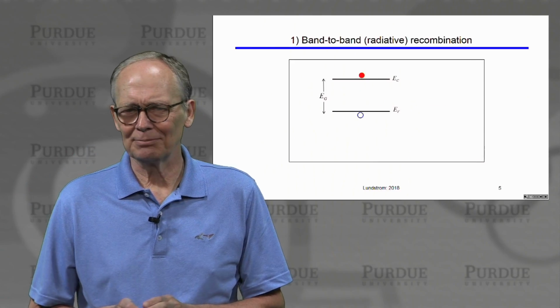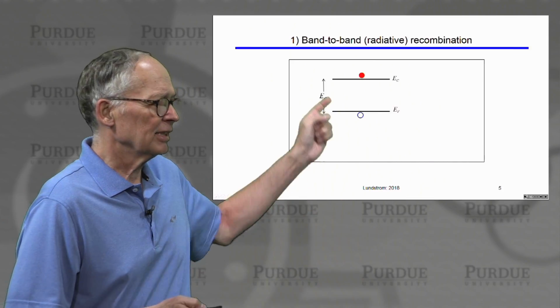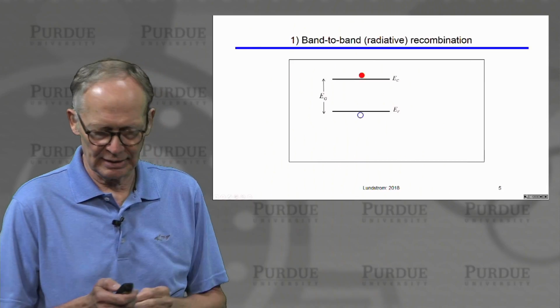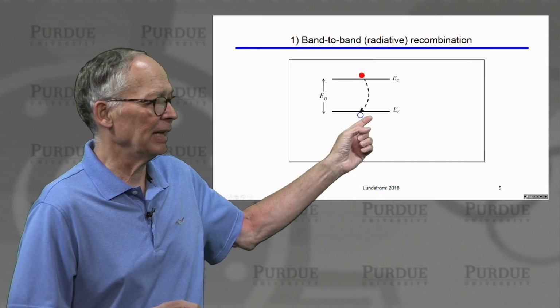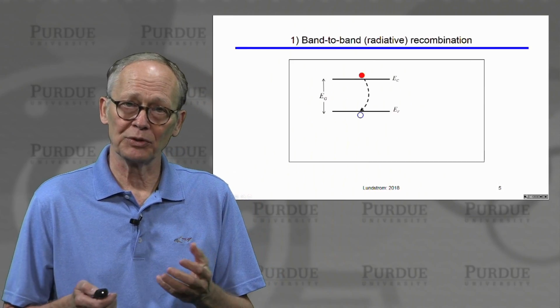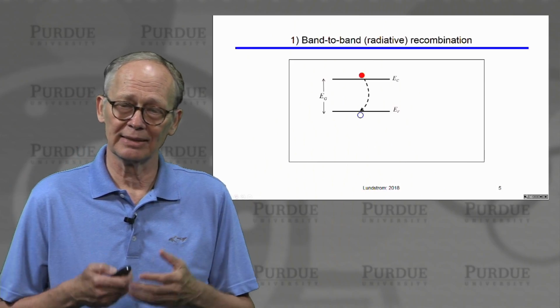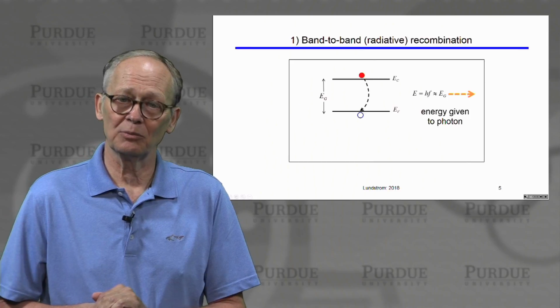So let's discuss band-to-band or radiative recombination first. Here's my conduction band, here's my valence band, and I have electrons and holes. An electron might drop down into the valence band and fill up a hole. After I've done that, there's one fewer electron, and there's one fewer hole. We'll say electrons have recombined, holes have recombined, and the energy has to go somewhere.